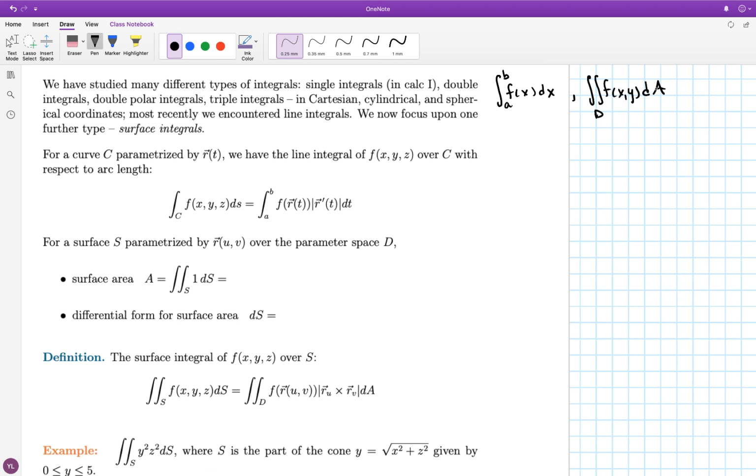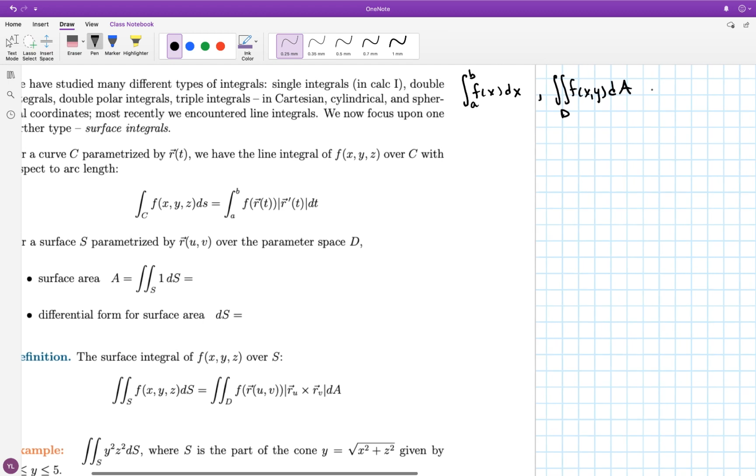And in some instances, for example, if you replace this integrand with the number 1, then it computes the area of that region D in the xy plane.